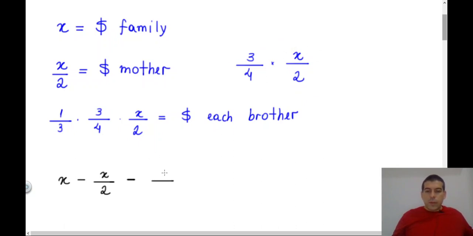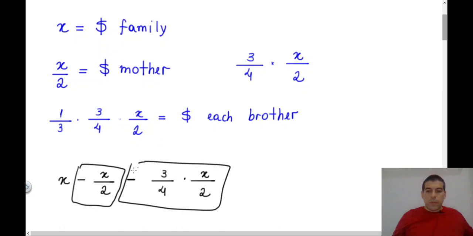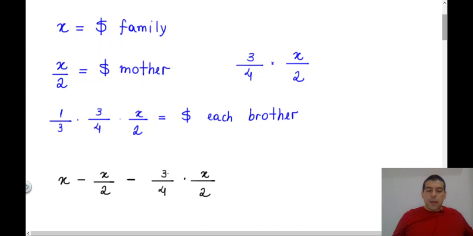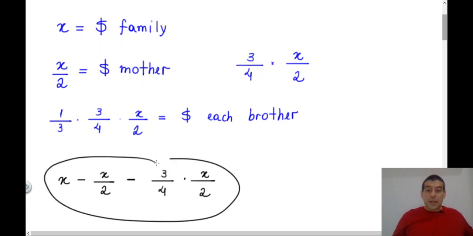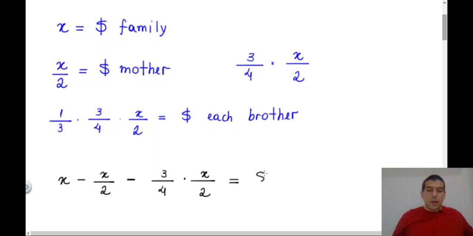So it will be 3/4 times X over 2 to his three brothers. Okay, so what is the remaining part after he gave the money to his mom and to his brothers? It will be X minus X over 2 minus 3/4 times X over 2. This will be the quantity received by Kevin's sister, okay?